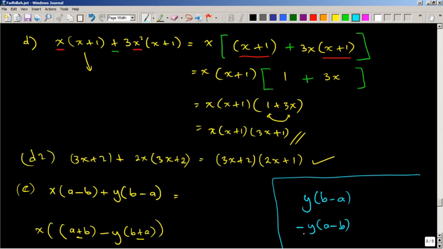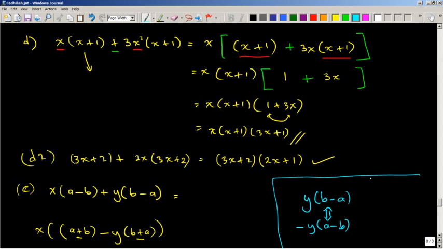By putting minus here. Think for it for a while. Between this and this, are they the same? It looks different, but are they the same? What do you think?